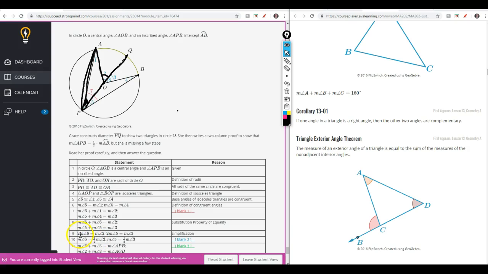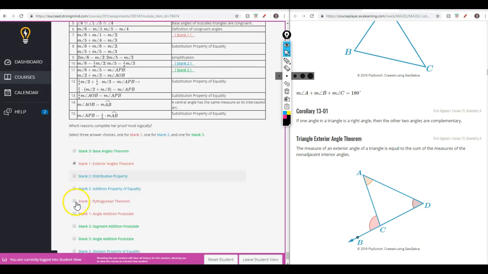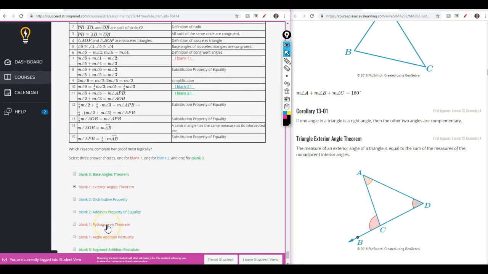I'm saying that 2 times the measure of angle 6 is equal to the measure of angle 2. Okay, so context clue here, I'm noticing that there was a 2 here and now there is not, and that this was just measure of angle 2, and right now that this is 1/2. So they had to divide by 2 to have that reduced down to 1. So multiplying by 1/2 is the same thing as dividing by 2. So I would say that that is the division property because they divided by 2. So for blank 2, I'm looking for division property of equality.